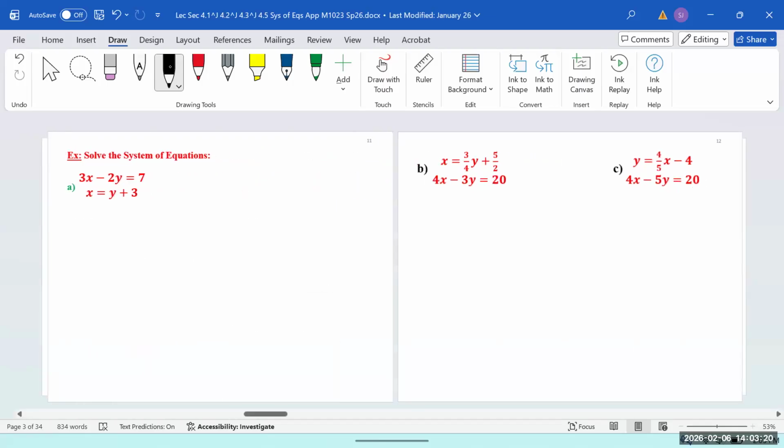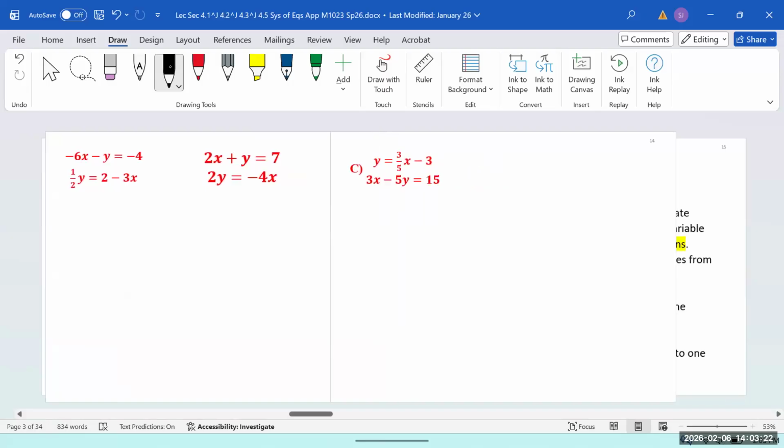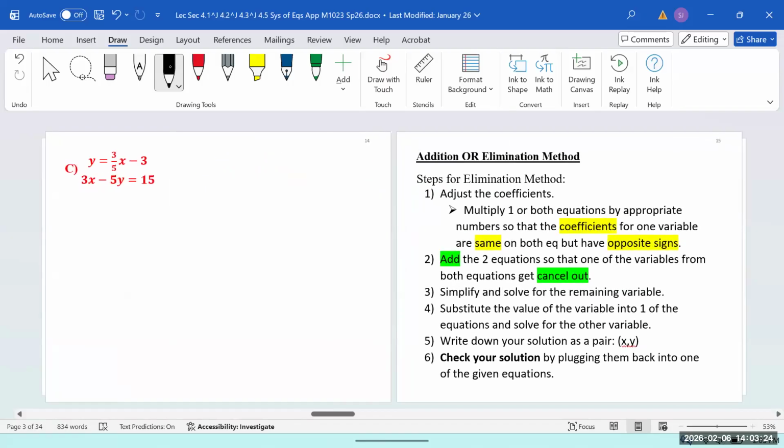The last method is called addition or elimination. It's called elimination because our goal is to eliminate one of the two variables. Either eliminate x or eliminate y. And in order to eliminate, we need to add the two equations. That's why it's called the addition method or elimination method.